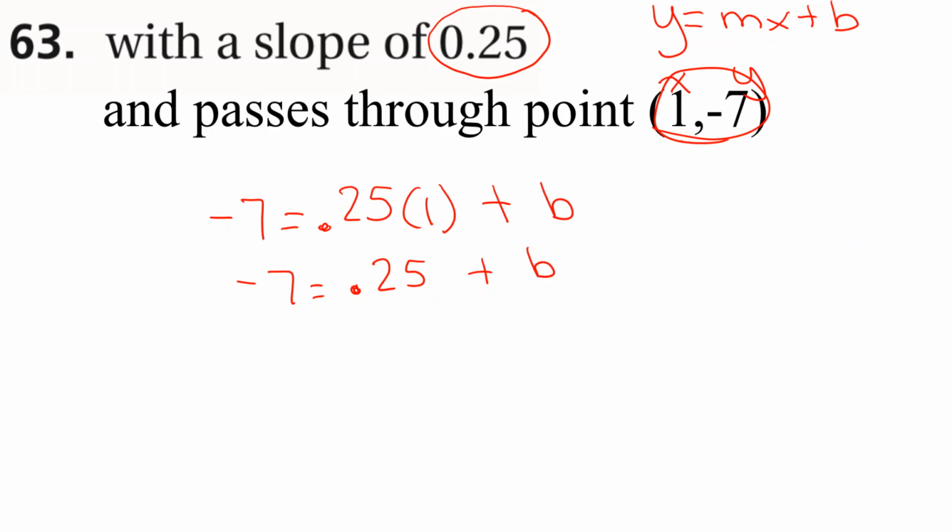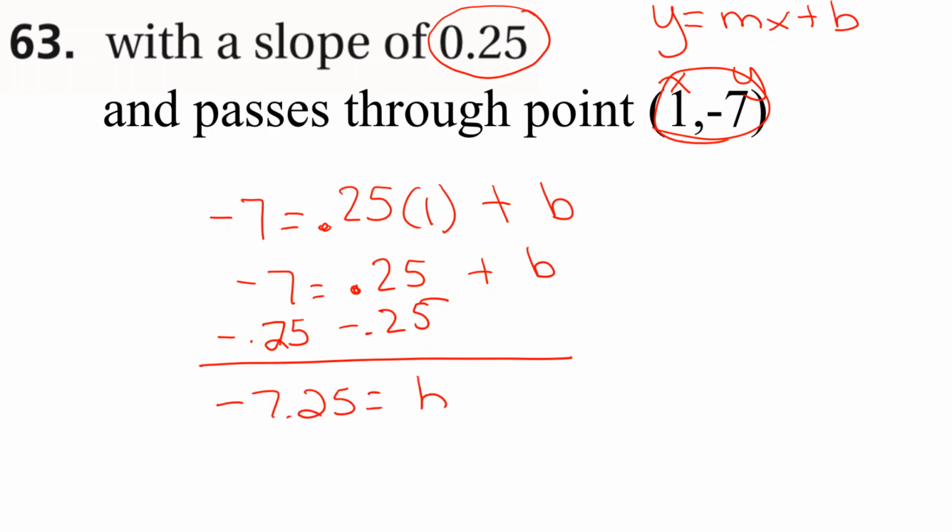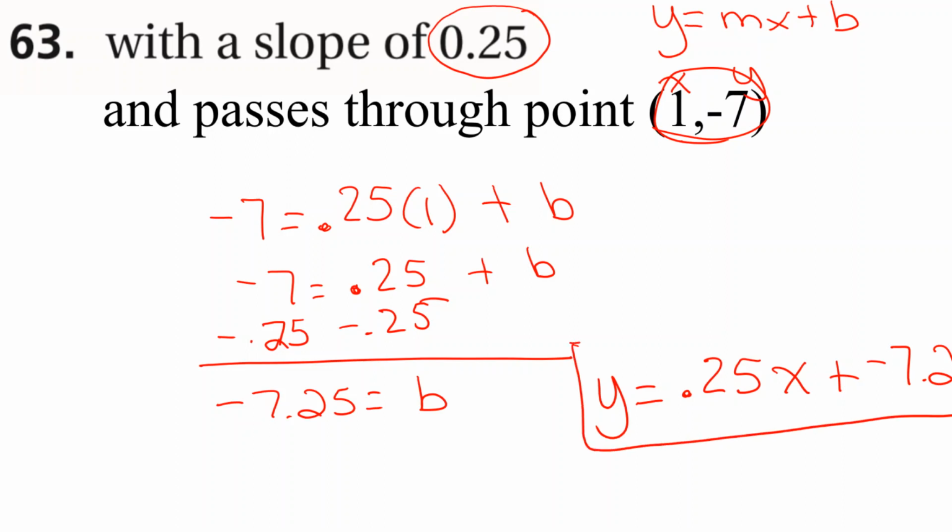So I'm going to subtract 0.25 from both sides, and I end up with negative 7.25 equals b. So my equation is y equals m, which is 0.25, x, plus my b, which is negative 7.25. And there's your answer.